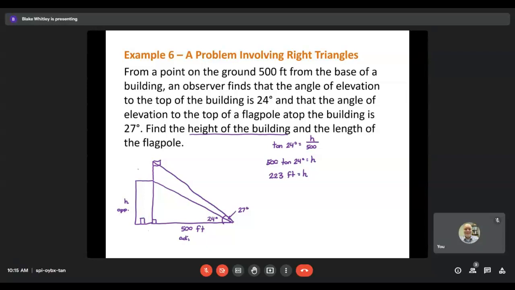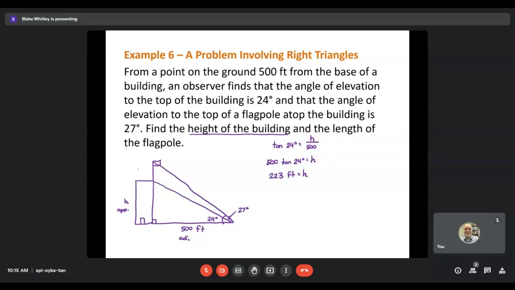Now, the other thing we need to find is the length of the flagpole. In this case, we can't just find that directly, because all we know is that the angle of elevation all the way from the ground up to the top of the flagpole is 27 degrees.